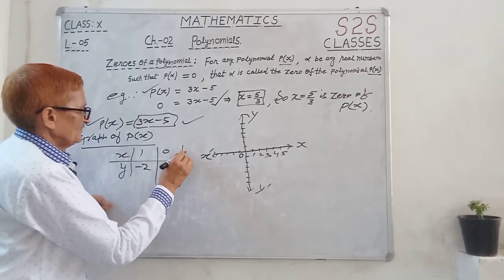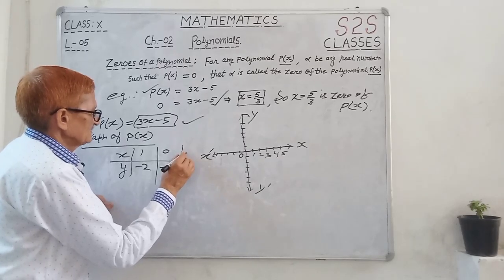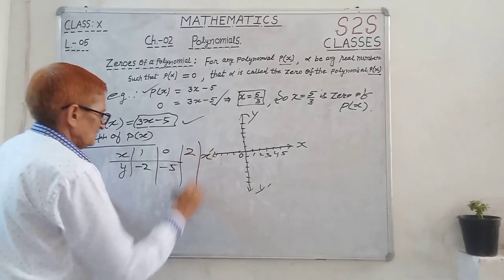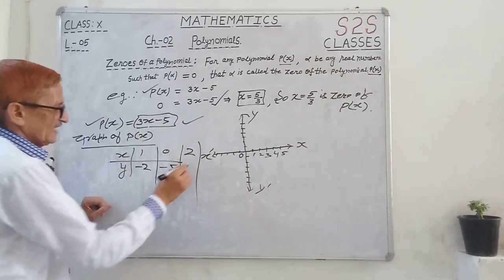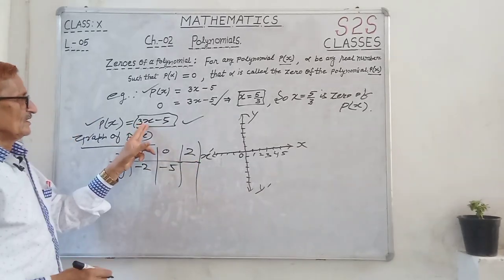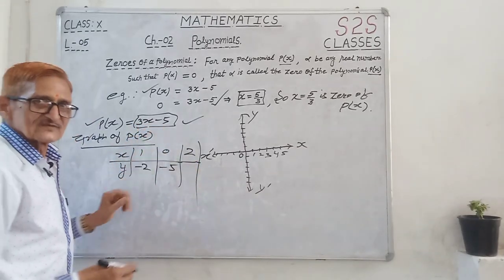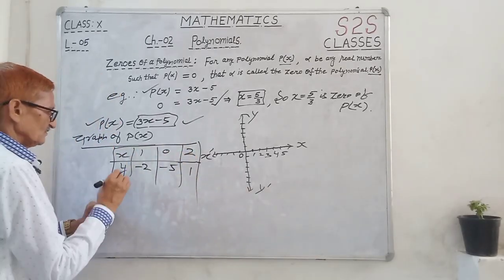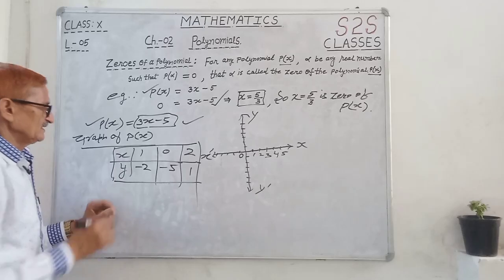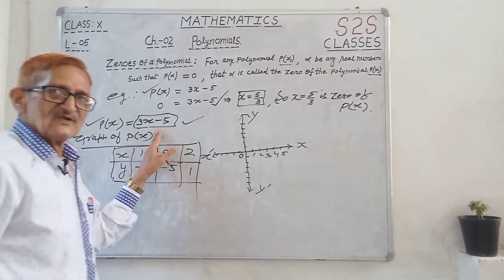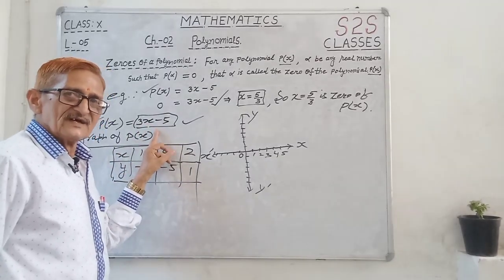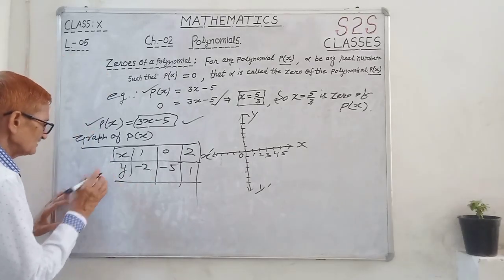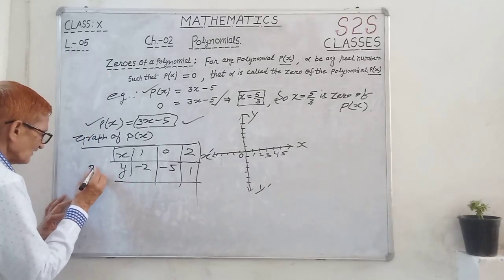If here x value is 2, 3 twos are 6, 6 minus 5, 1. So make the table of the values of x and y, putting the x value by your side and finding the polynomial value, that is called y. y means p of x value.